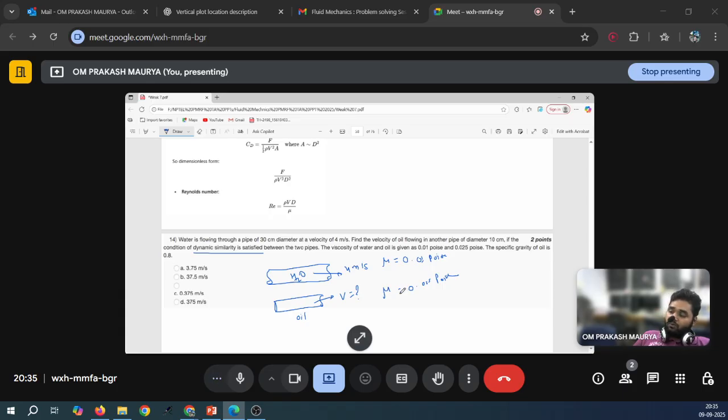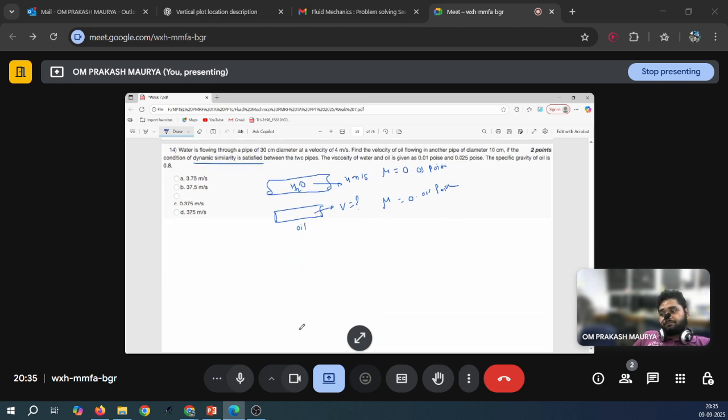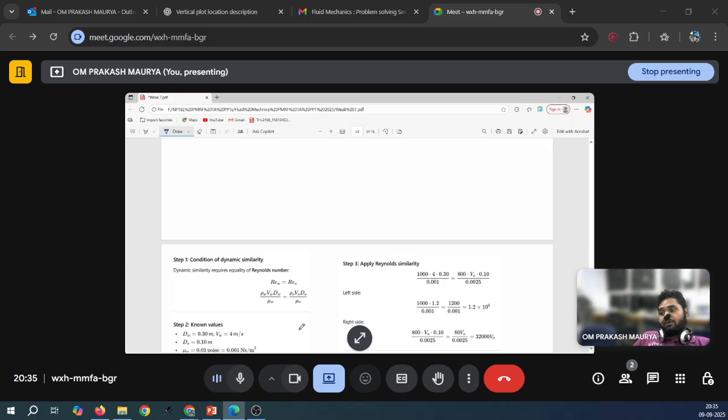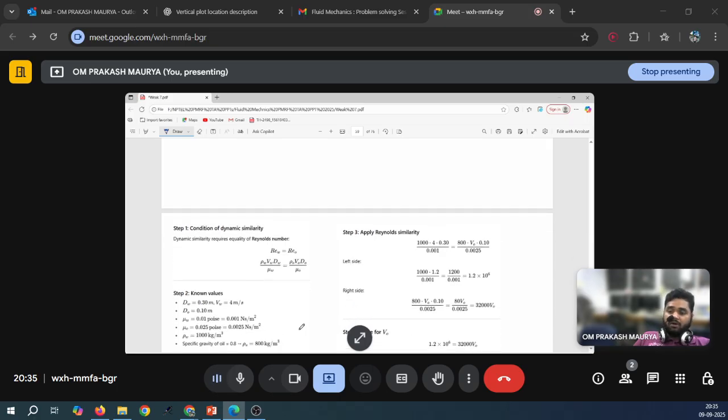So the only link between these two is given by the dynamic similarity. Okay, so how will you proceed? You know already, in pipe flow we will go with the Reynolds number. Always know, we'll go with the Reynolds number.